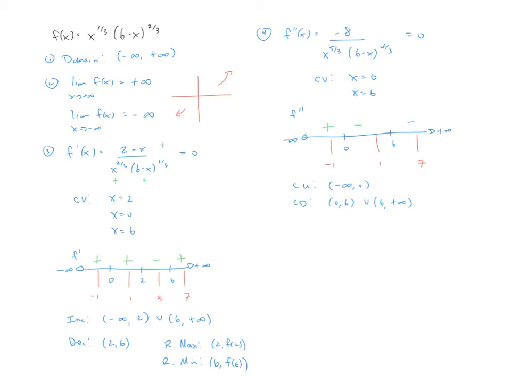Okay? Step 5. Step 5 would be the intercepts. So the intercepts for this particular one happen to be 0, 0, as well as 0, 6. So remember to write those as points. Okay, so now let's go ahead and put this graph together.